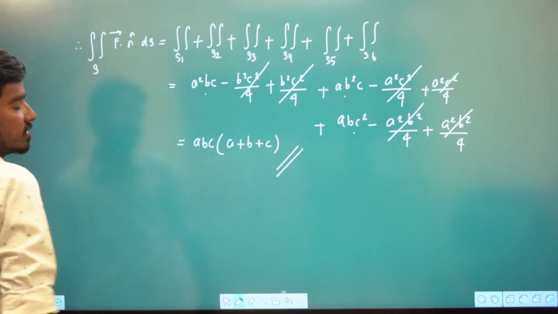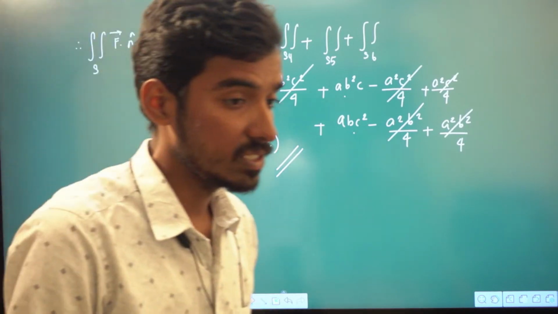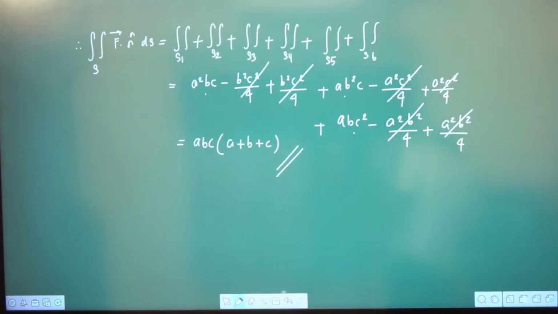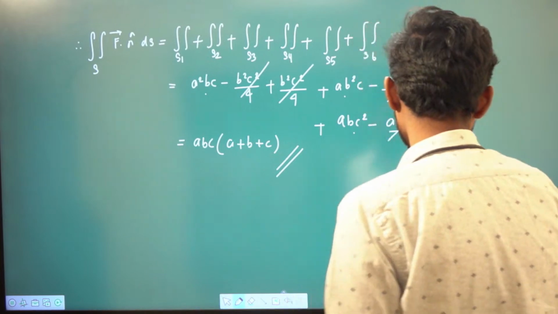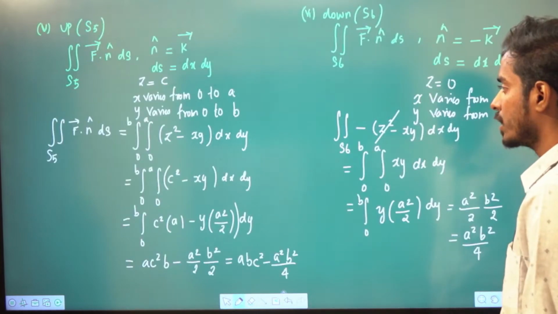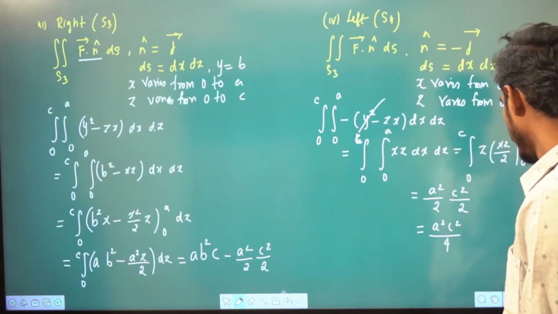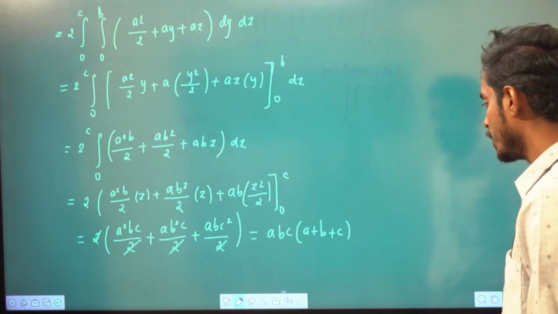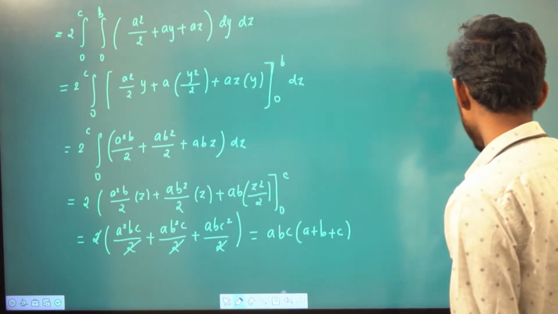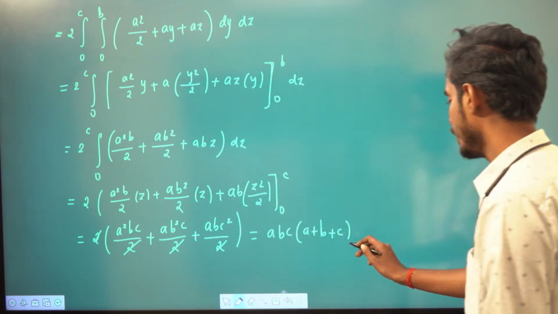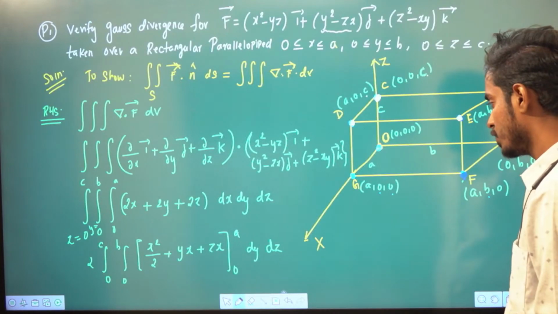So we have found double integral over S of F dot n cap ds is abc(a plus b plus c), which is the same as the volume integral, which we already found, right?